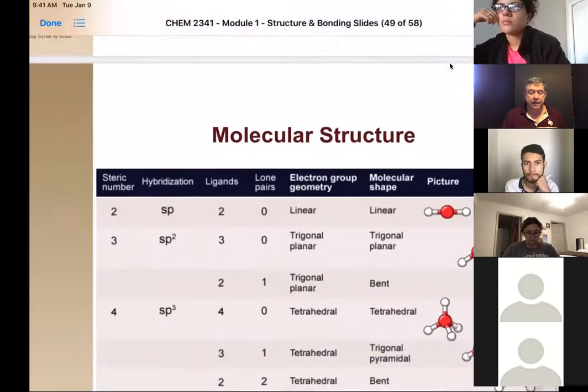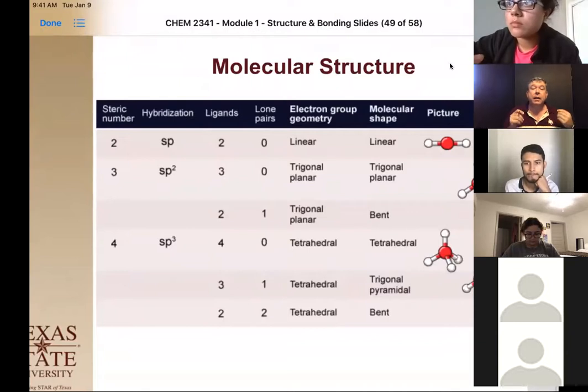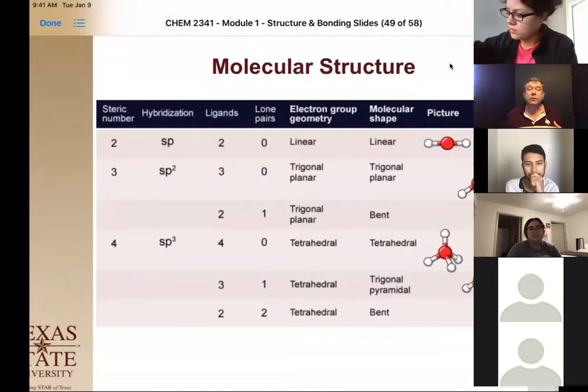Okay. So that means that by looking at the hybridization, we can also tell the shape of the molecule. In an sp, we only have linear. That's the only thing we have available to us. So that makes sense. We have 2 regions and 1 way to do it. In sp2 and sp3, we have different structures. In an sp2, if you have 3 atoms bonded to your system, you always have a trigonal planar molecular geometry.